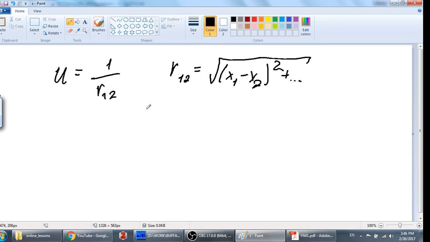Okay, so r12 is basically the absolute value of the vector r1 minus r2. And if you remember, I hope you do, what is the absolute value of a vector x?